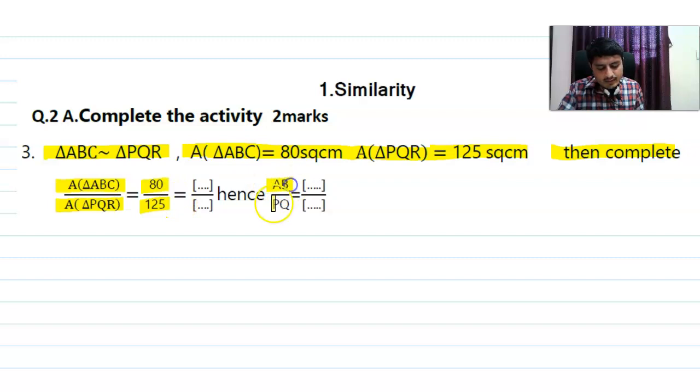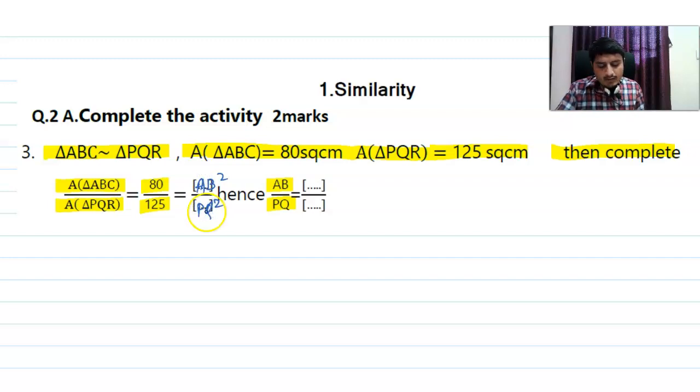Now look at the required sides ratio, we have AB and PQ. Once the triangles are similar, then the ratio of areas of two similar triangles equals the ratio of squares of their corresponding sides. Which corresponding sides do we require? AB and PQ are the corresponding sides. So we have AB square divided by PQ square.